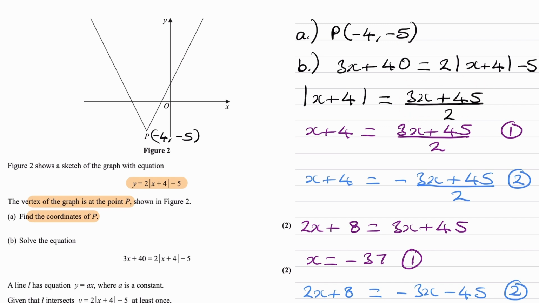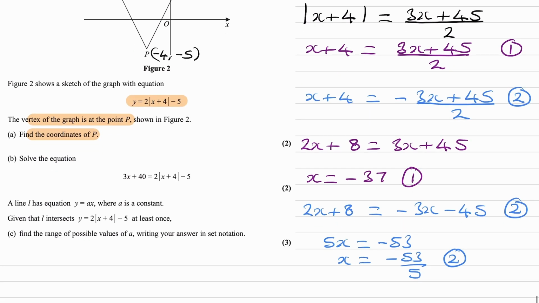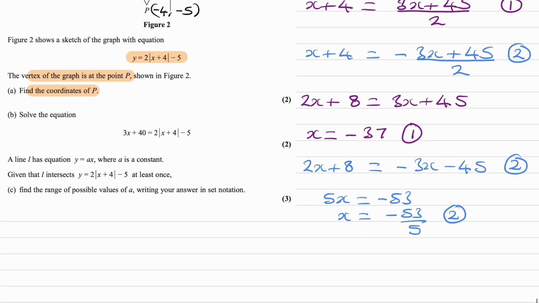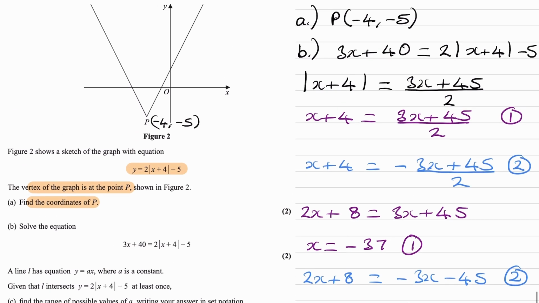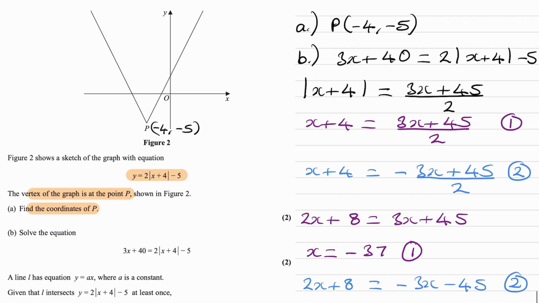So to test if our values are correct, we put the 2 of them, x equals minus 37 and x equals minus 53 over 5, into the right-hand side of the equation that we have over here. Replace the x with those 2 values. Check and see if this fraction becomes positive or negative. If it's positive, that means the x value that we put in is a solution to this equation. If this expression here is negative, that means the x value that we put in is not a solution, because the modulus of x plus 4 can't equal a negative number.